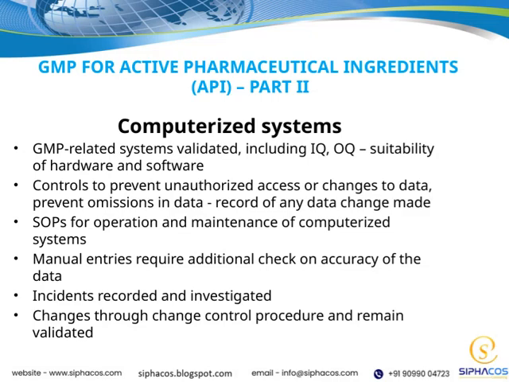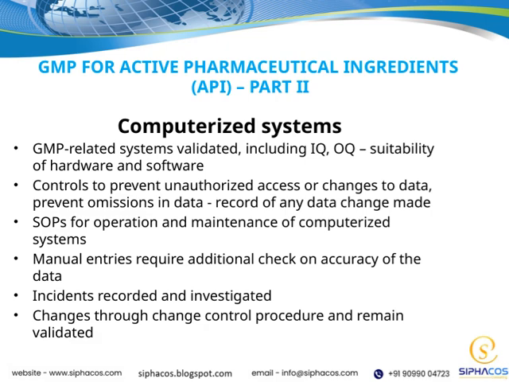Now, let's take a closer look at computerized systems. It's essential that all GMP-related systems are validated properly, which includes performing installation qualifications, IQ, and operational qualifications, OQ. This process helps ensure both the hardware and software are suitable and functioning correctly. We also need controls in place to prevent unauthorized access or any changes to the data.